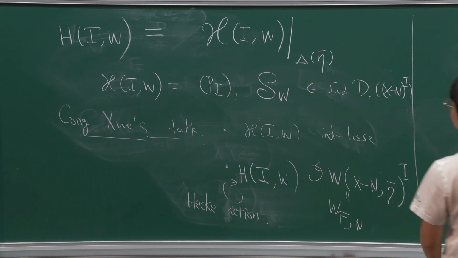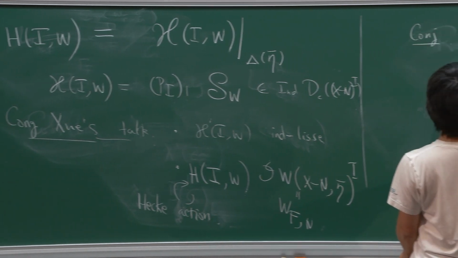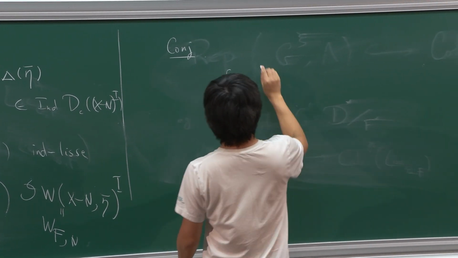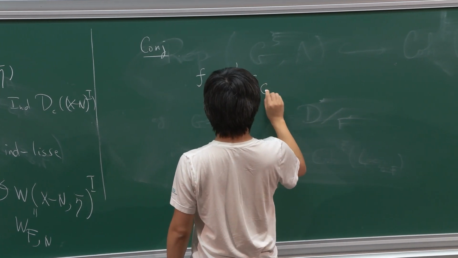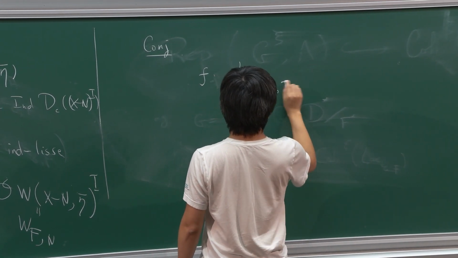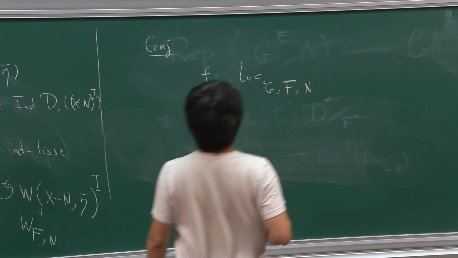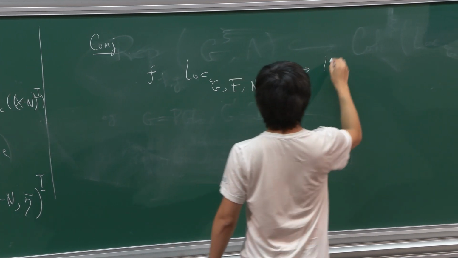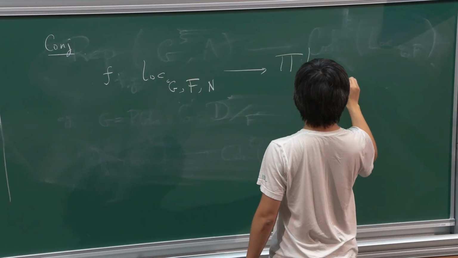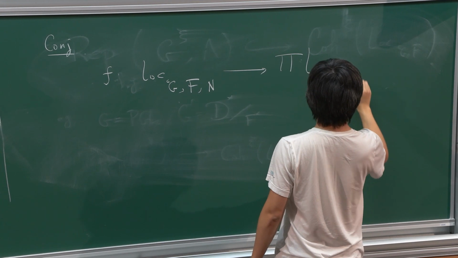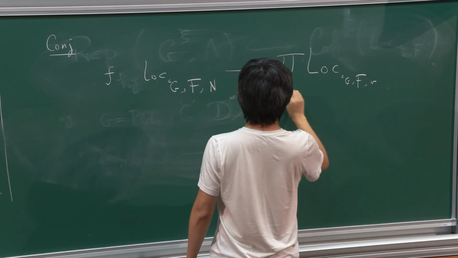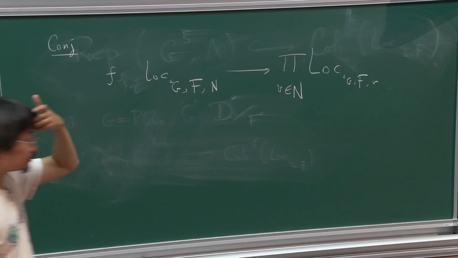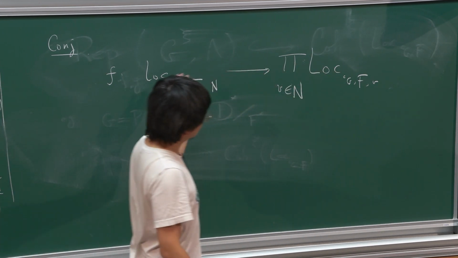We consider this map F from the stack of global Langlands parameters, now unramified outside N, to the stack of local parameters at those places inside the set N. Consider this kind of localization map.